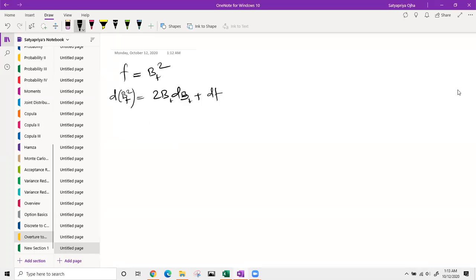Okay, so you can call this an SDE, stochastic differential equation. We had ordinary differential equation, ODE. Then we had partial differential equation, PDE, where d got replaced by del.